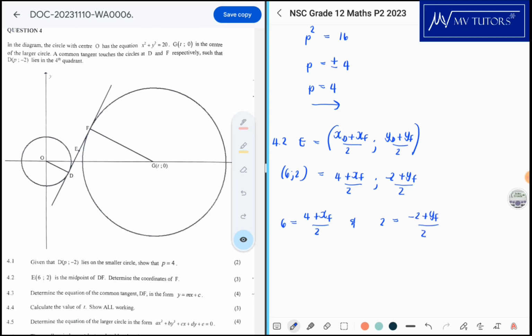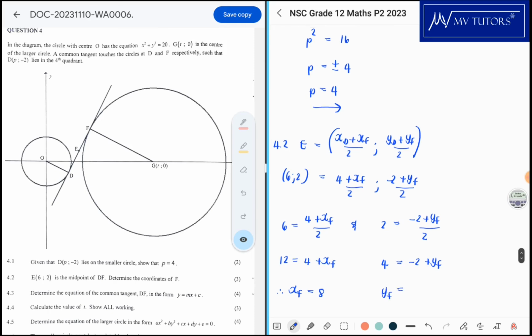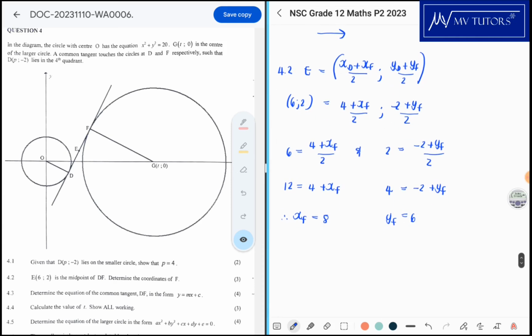Getting rid of the denominator, we have 12 is equal to 4 plus xF, and 4 is equal to negative 2 plus yF. So the x coordinate of F is 12 minus 4, which is 8, and the y coordinate of F will be 4 plus 2, which is 6. So ultimately, the coordinates of F are (8, 6).